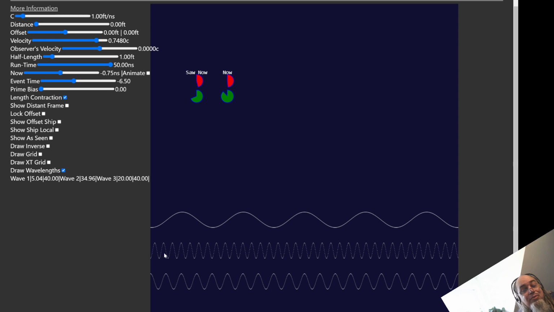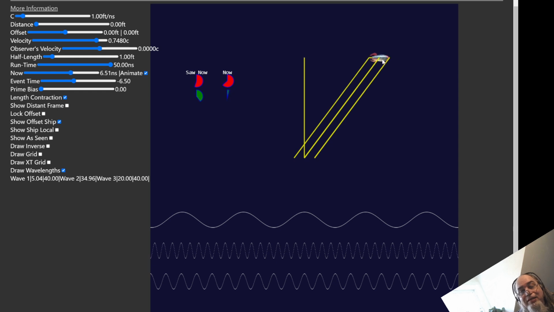So if you're measuring in wavelengths, if the ship is moving forward, so as the ship is moving forward through time, it runs into this front signal faster, and the back signals pile up more and more.